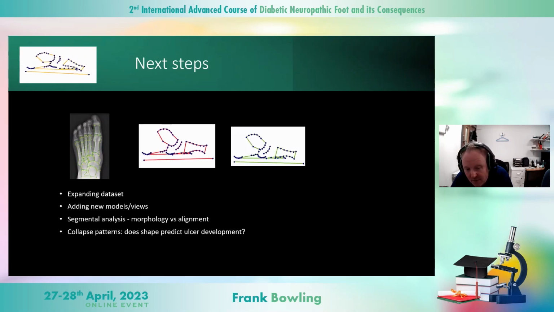Does the shape of the foot predict ulceration? We know if we get a midfoot collapse, then we get a high propensity for ulceration under the midfoot. But is it actually a predictor from where we see this bone remodeling? Next slide, please.